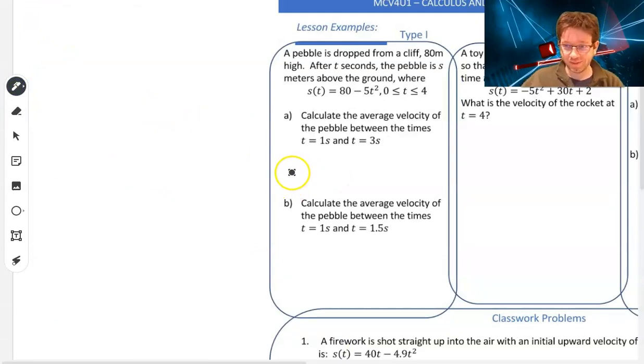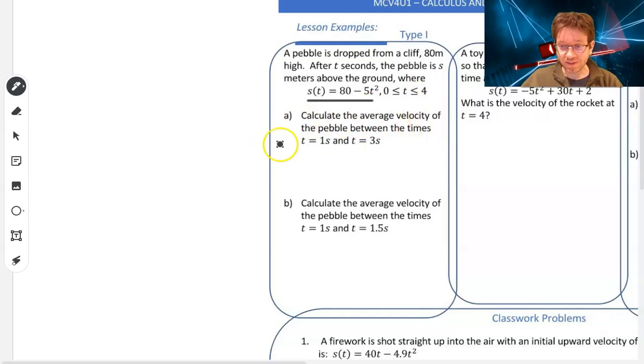Okay, some examples. Our first example, we have a pebble dropped from a cliff, 80 meters high. After t seconds, the pebble is s meters above the ground, so now we're given a function, s of t, position as a function of time, between 0 and 4. So I'm assuming it's max to ground at 4.